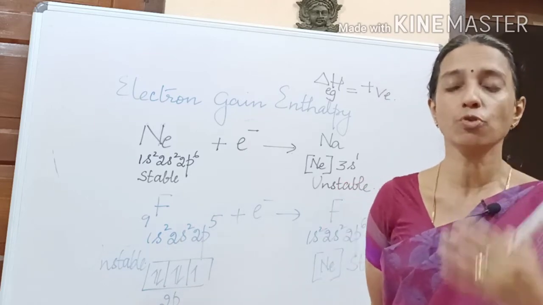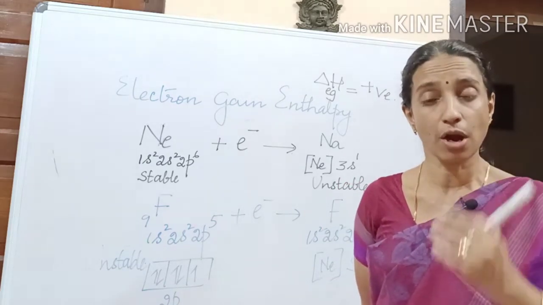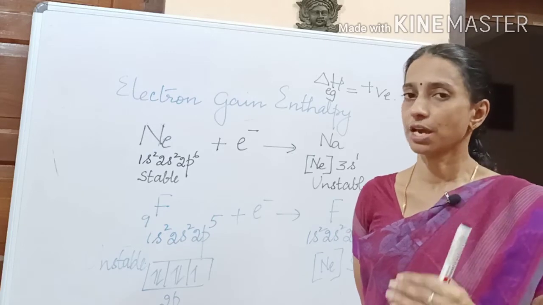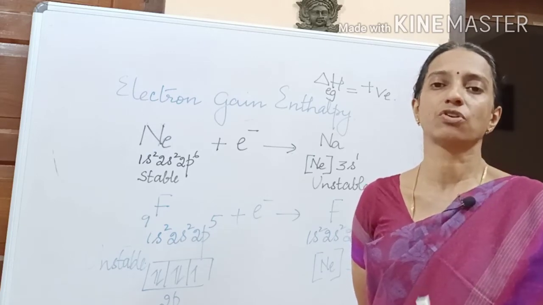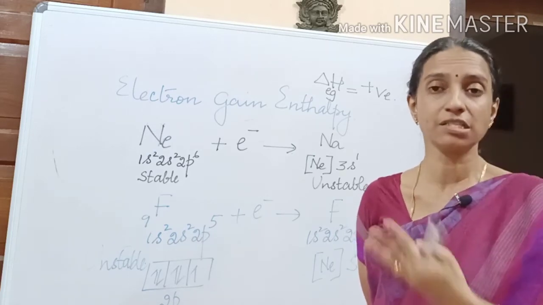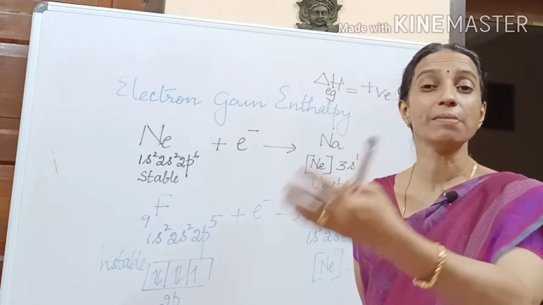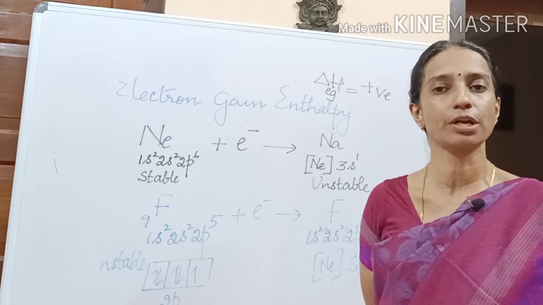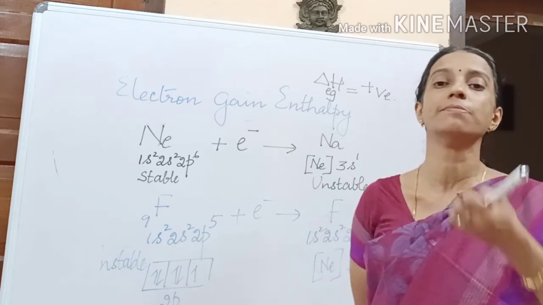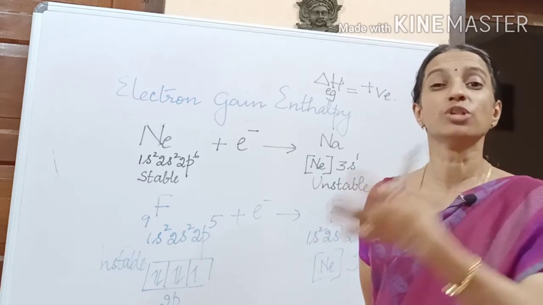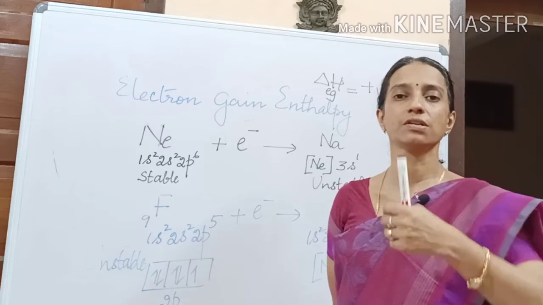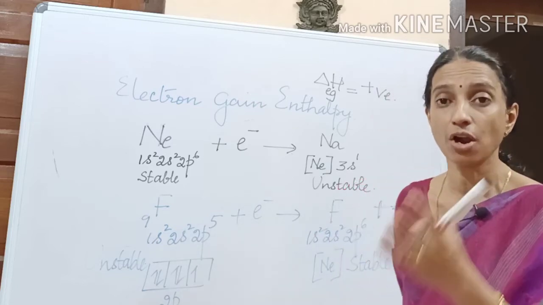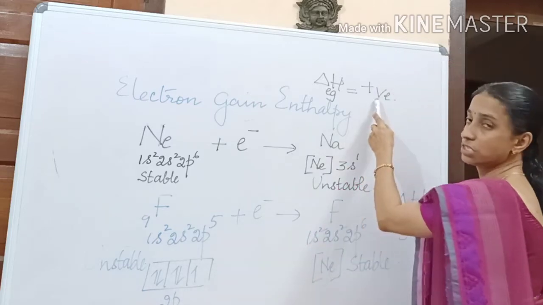In the case of group 18 elements, which are already stable, when it adds an electron, it gets an unstable configuration, means it has to absorb extra energy. So the energy absorbed in the case of group 18 is always depicted by a positive value.